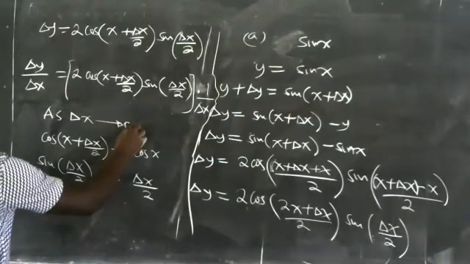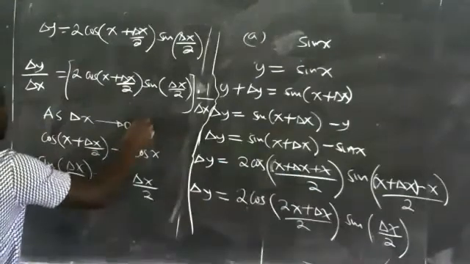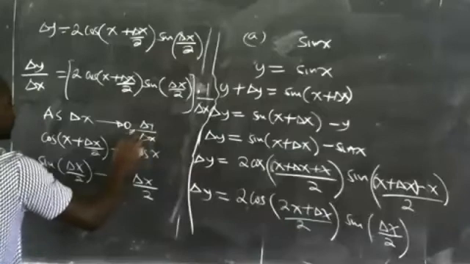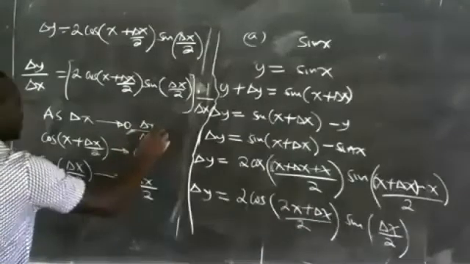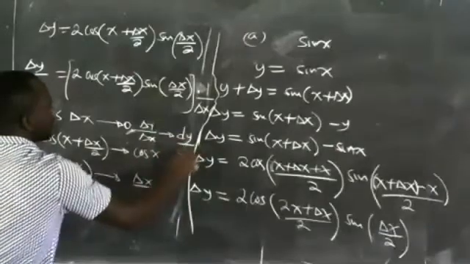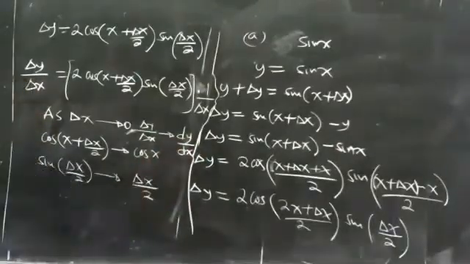And here, whenever I have the comma, you put the change in y over change in x, which becomes dy dx. After doing all this, you come back and substitute in.